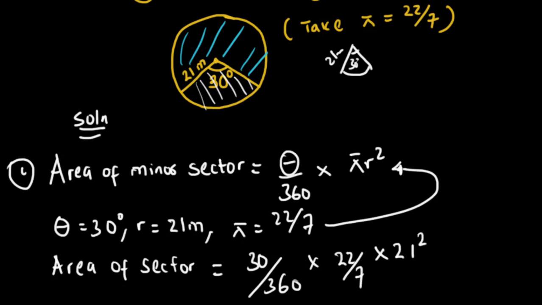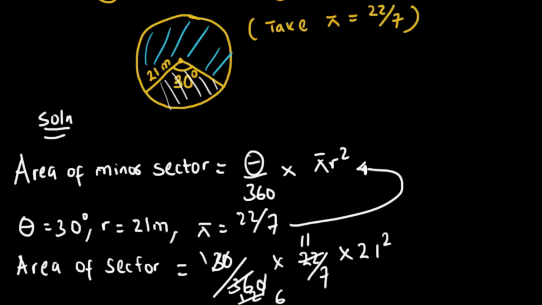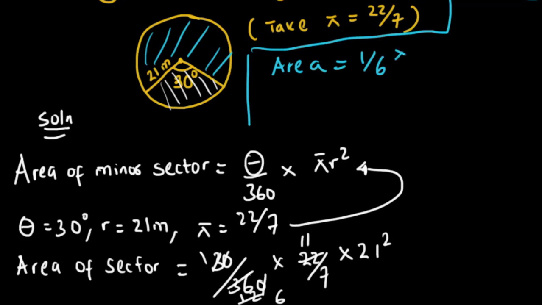Does that make sense? 0 cancels 0, 3 here 1, 3 in 3 is 1, 3 in 6 is 2, 2 in 12 is 6, 2 in 22 is 11. So I'm left with, let me do it somewhere on top, area equals 1/6 times 11/7 times 21 squared. 21 squared is 21 times 21. So we have 7 here 1, 7 here 3, 3 here 1, 3 here 2.